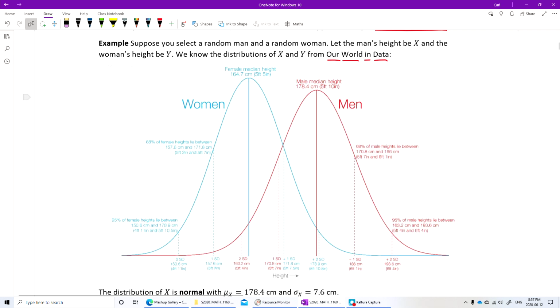Let the man's height be x and the woman's height be called y. So we know that the distribution for y is this blue one here, and the distribution for x would be this red curve. Those are both normal distributions, right? You can see they have the typical bell shape.